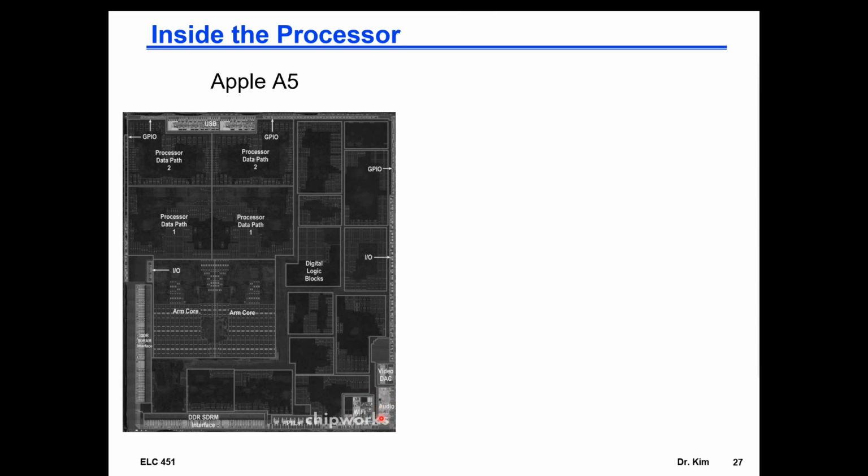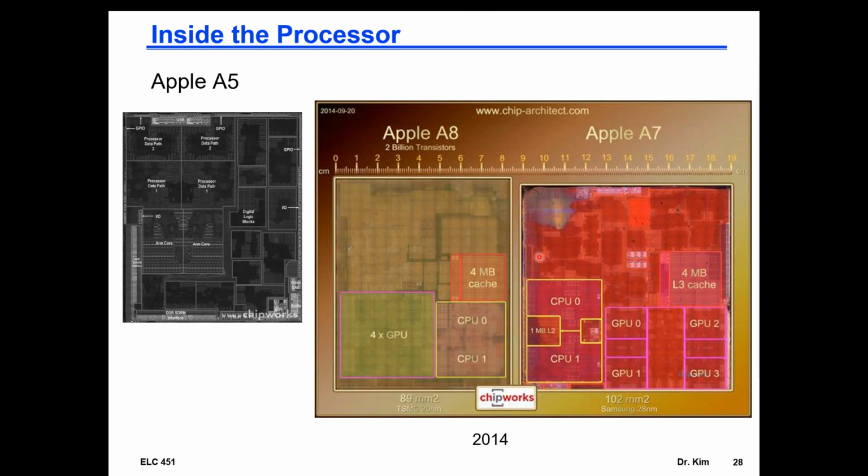So you get an idea that this is the Apple A5 core. And by comparison, the A8 and the A7. Notice when we get to A7, now we have 2 CPUs, but now we have 4 GPUs on the same chip.